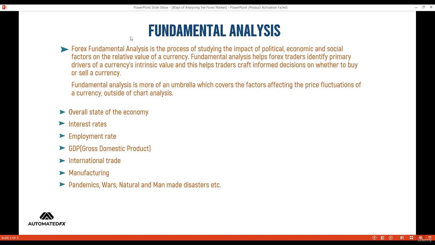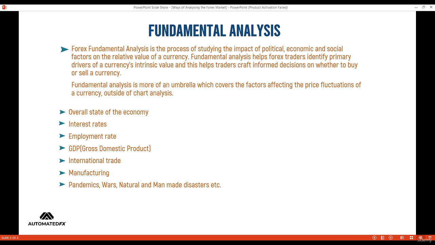Fundamental analysis is a process of studying the impact of political, economic, and social factors on the relative value of a currency. Fundamental analysis helps Forex traders identify the primary drivers of a currency's intrinsic value, and this helps traders make informed decisions on whether to buy or sell a currency.